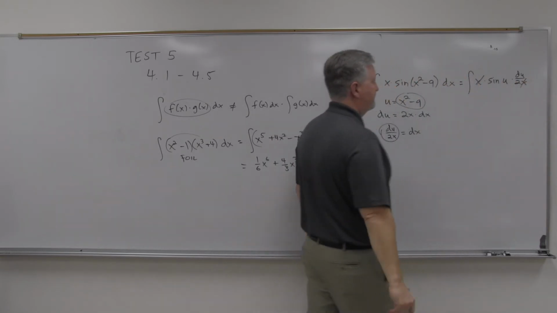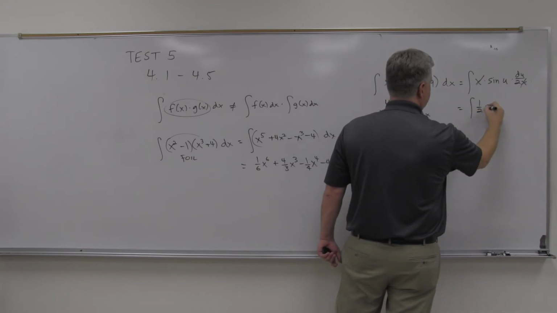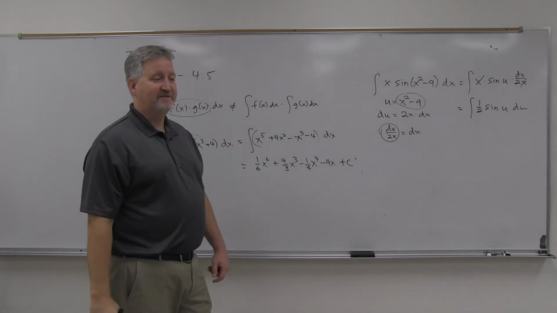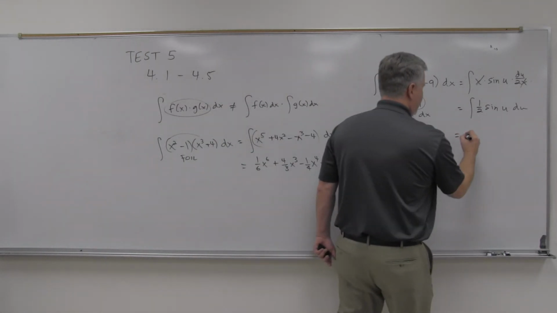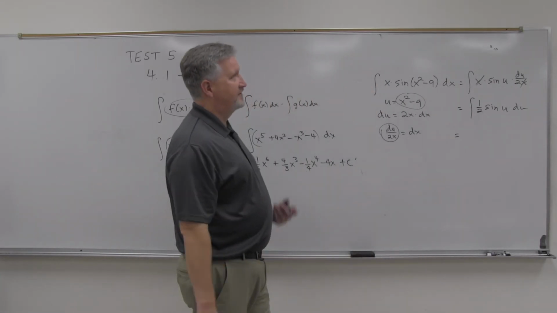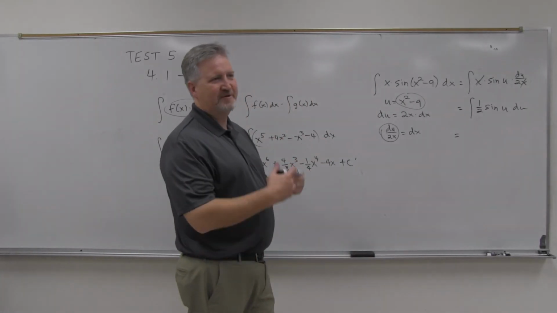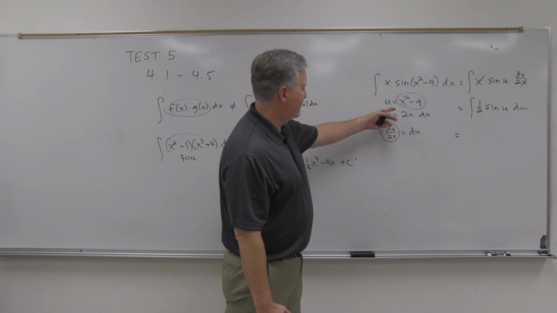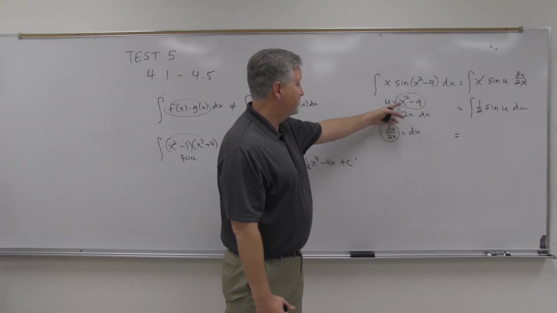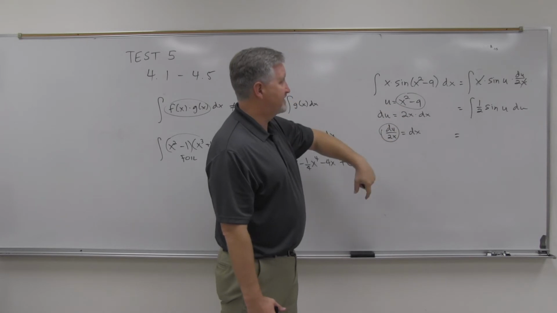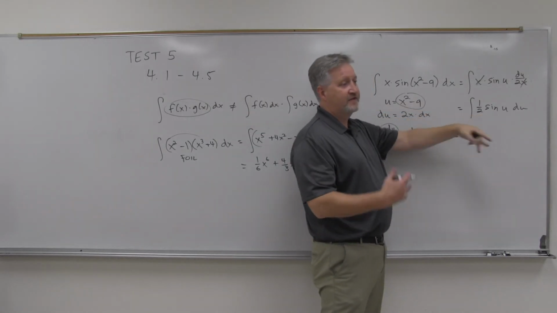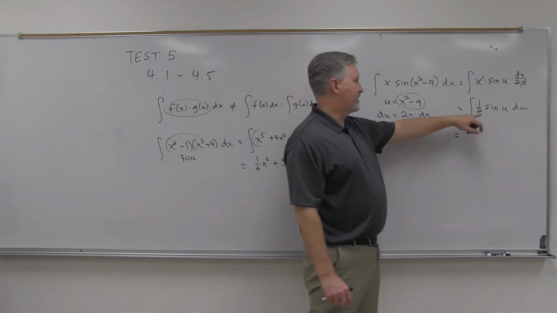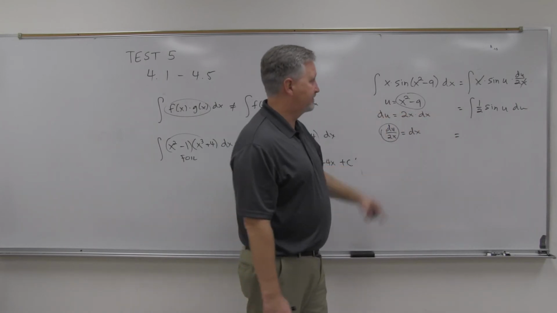So it's just 1/2 sine of u, isn't it? That's not multiplication, so that's just straight up antiderivative. So that reminds us too, remember your trig antiderivatives. The thing about these, here we're doing the derivative of x squared minus 9, and then here we're doing the antiderivative, so you have to keep straight which one you're doing. All right, so the antiderivative of sine is negative cosine.